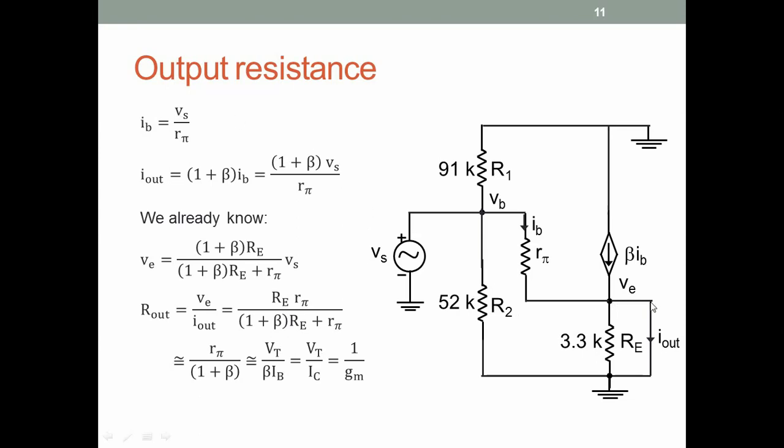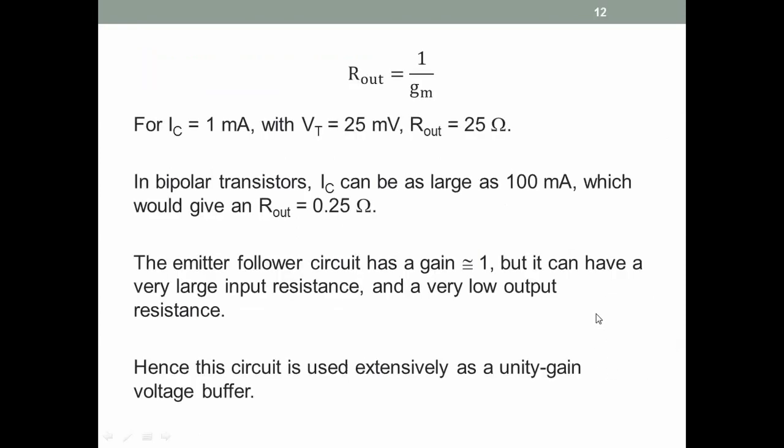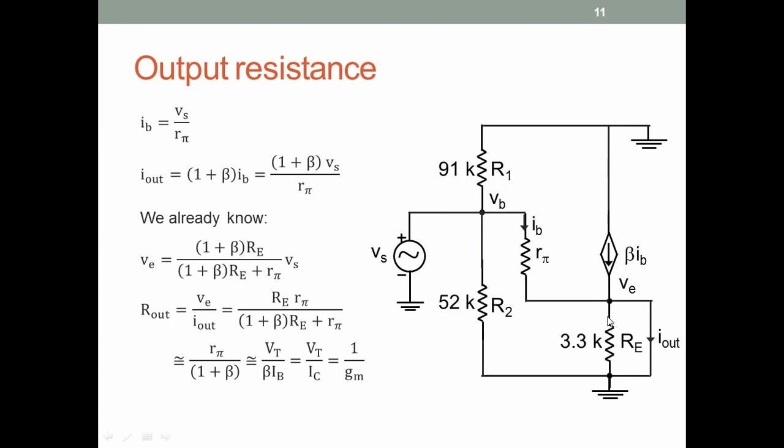I out, the current in the short circuit. There is no current in RE because it is shorted to itself. So the current I out is equal to IB plus beta IB. So 1 plus beta IB. So I out is 1 plus beta IB. IB we already found, Vs by R pi. So we say I out is equal to 1 plus beta Vs by R pi.